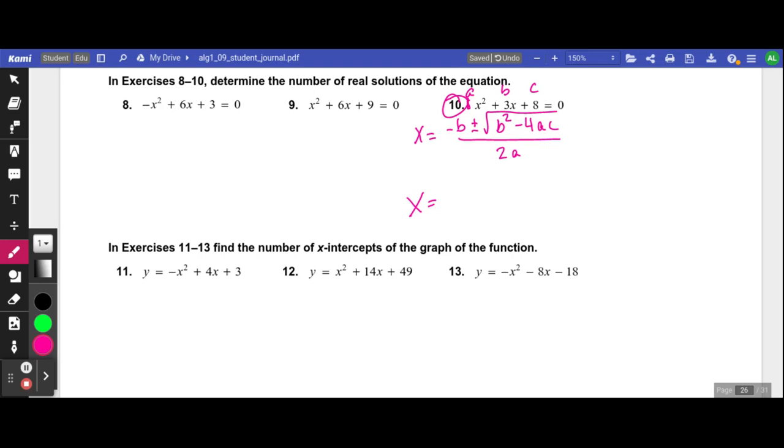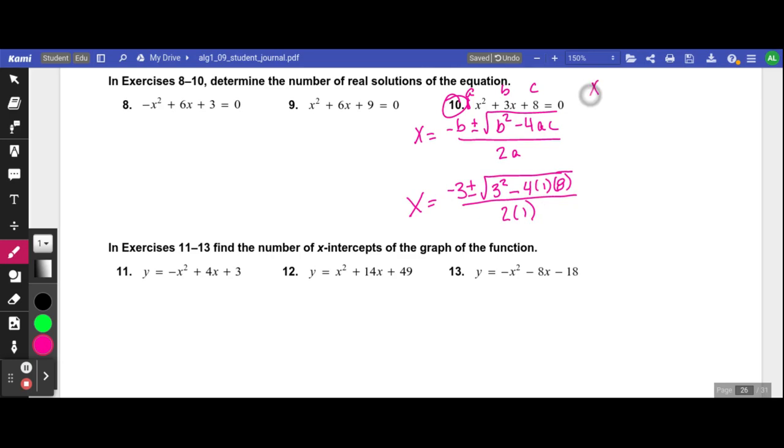My b is positive 3, so I'm going to use negative 3 plus or minus the square root of b squared minus 4 times a, which is 1, times c, which is 8, all over 2a, 2 times 1.